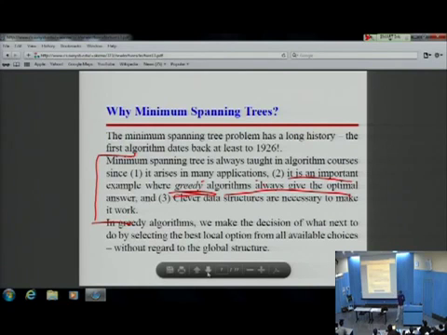But somehow that works for minimum spanning tree. And looking for why the simple, greedy, grab the next best thing algorithm works for minimum spanning tree is interesting. It's a representative that there are certain problems for which making the best local decision is the right thing. And minimum spanning tree is a canonical representative of that.